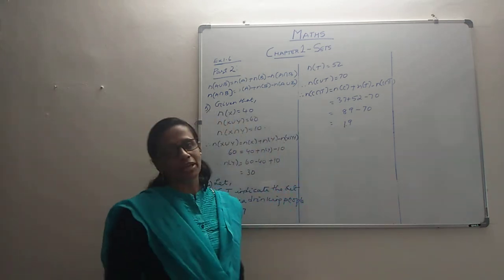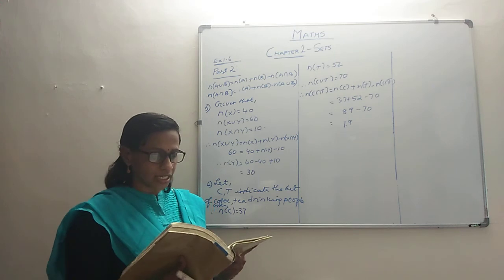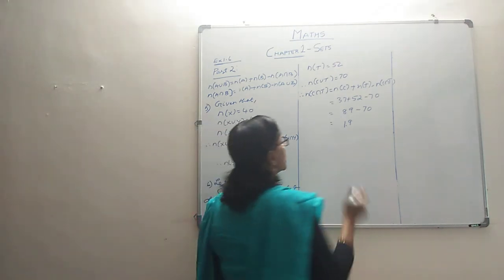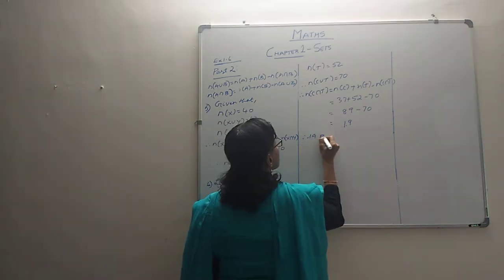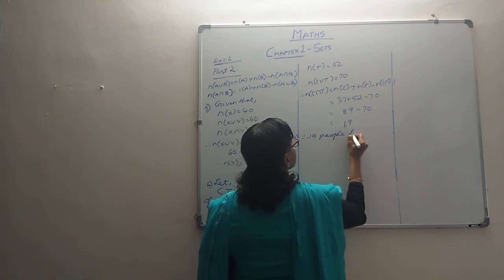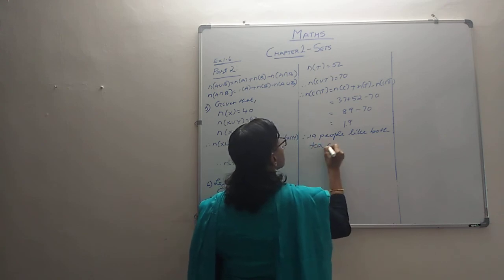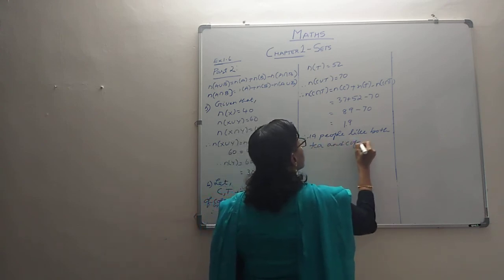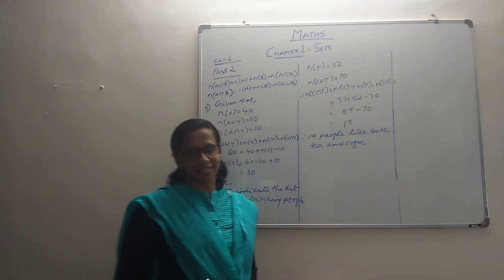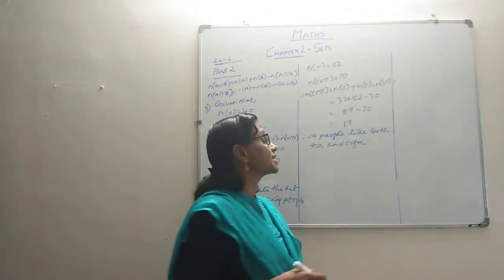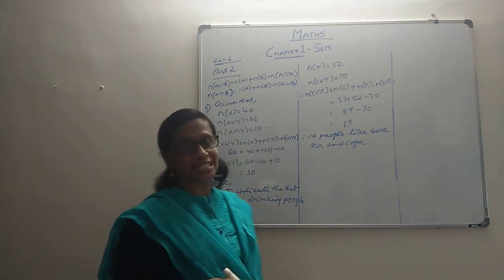So 19 of them like both tea and coffee. Therefore, 19 people like both tea and coffee. We are supposed to conclude like this. So that is about questions number 5 and 6.